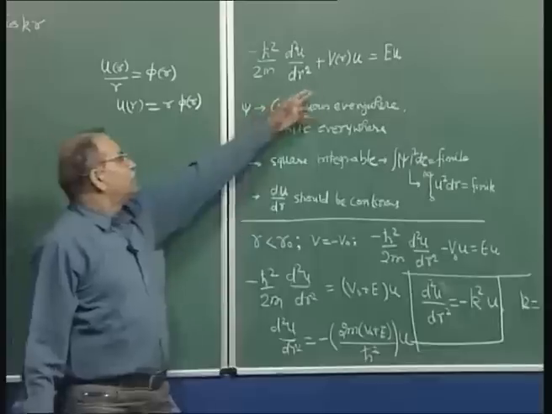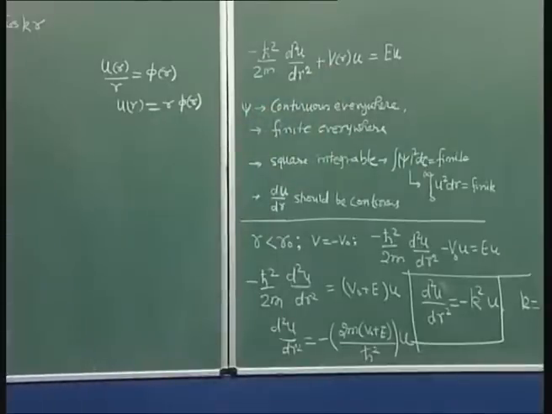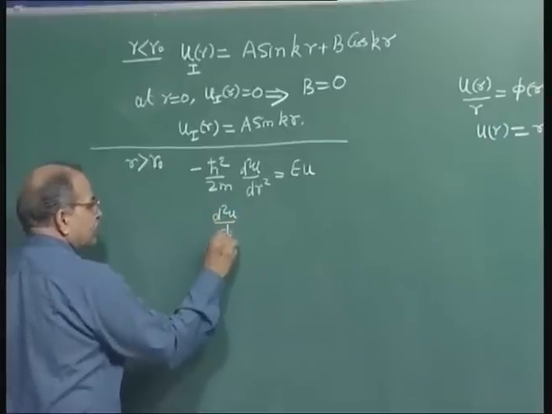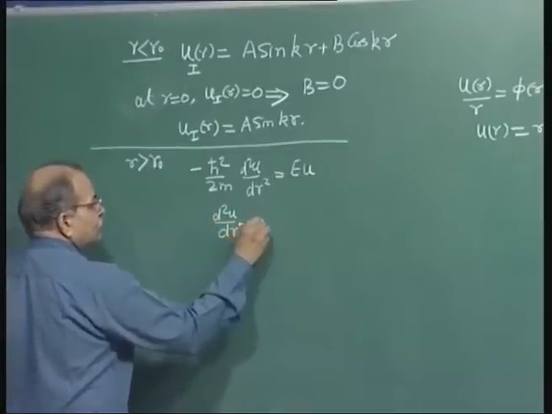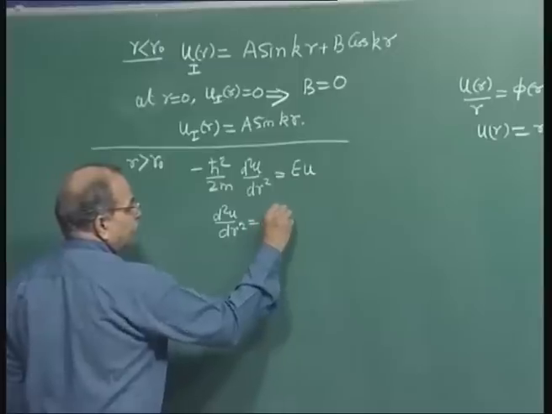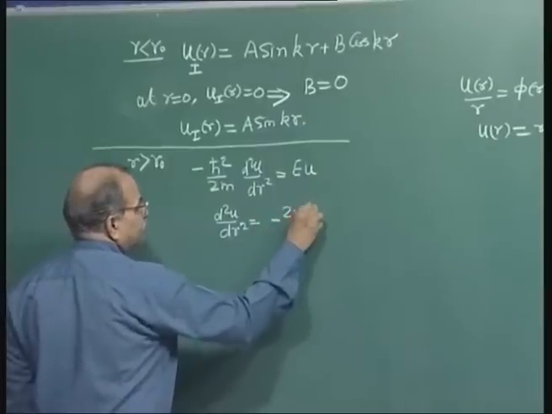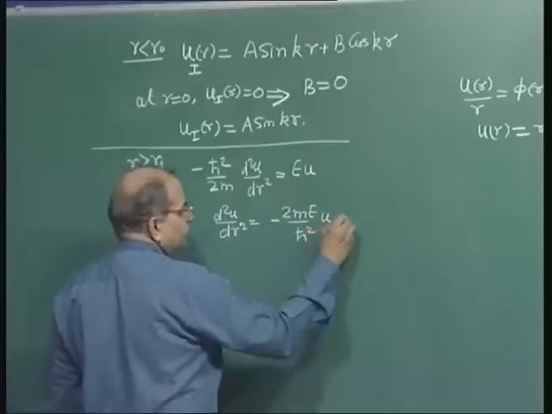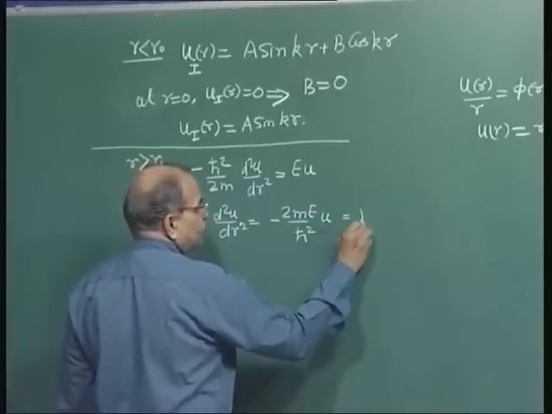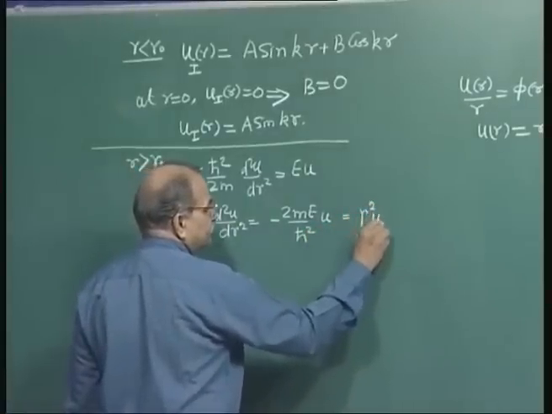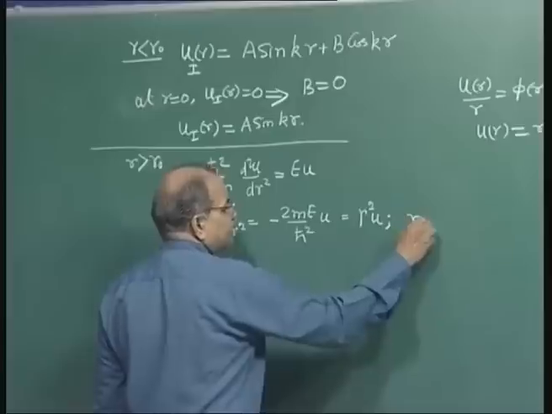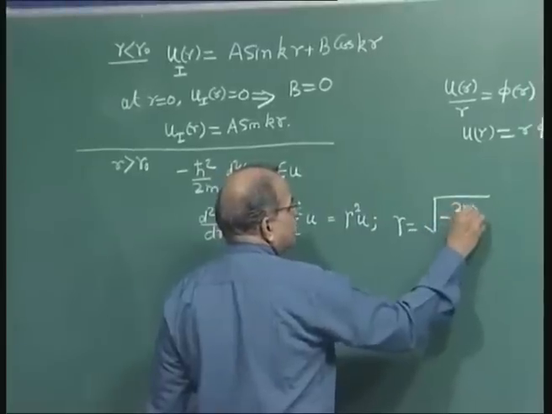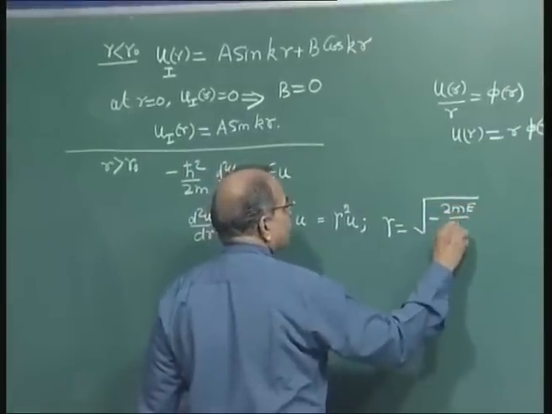Therefore d2u/dr square is equal to minus 2mE by h cross square times u, and this you can write as gamma square u, where gamma is the square root of minus 2mE over h cross square.